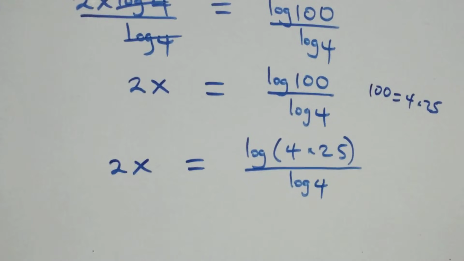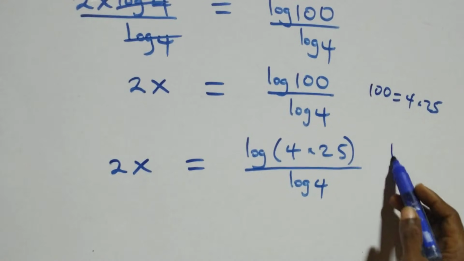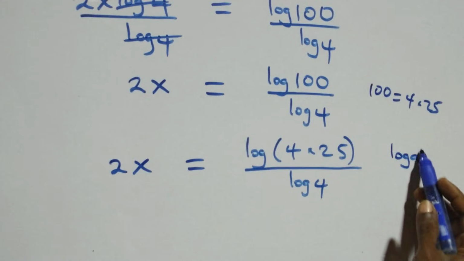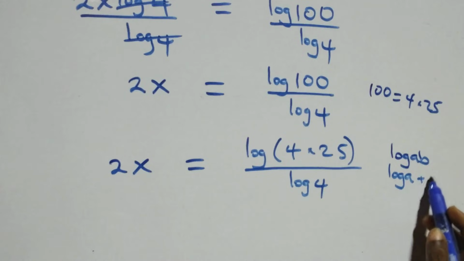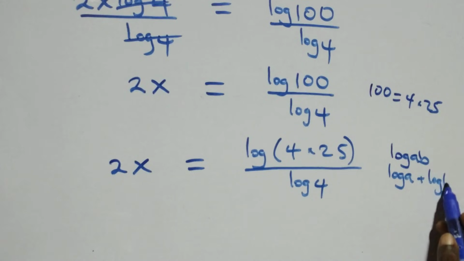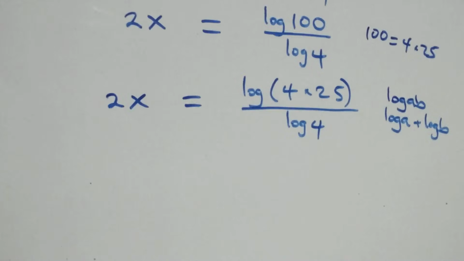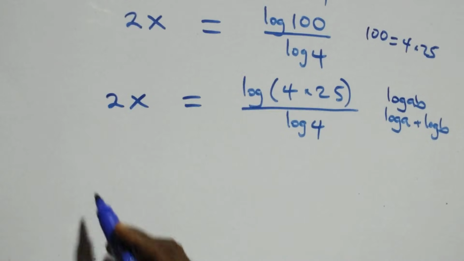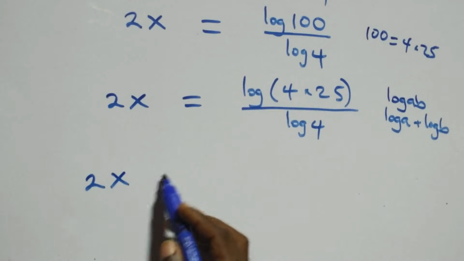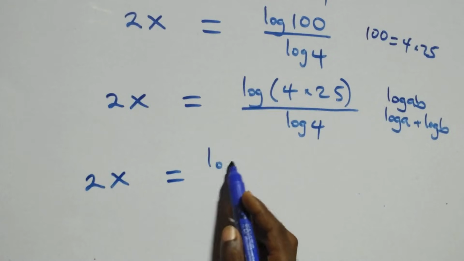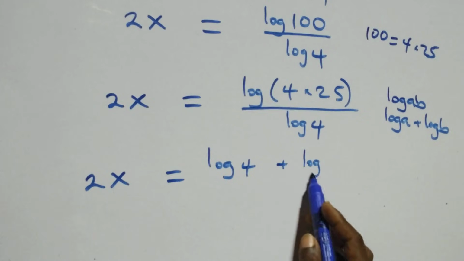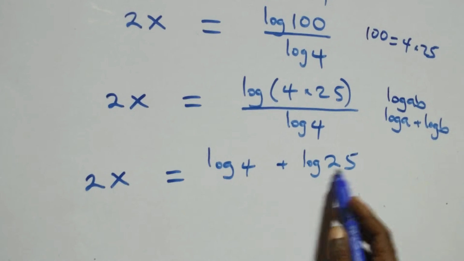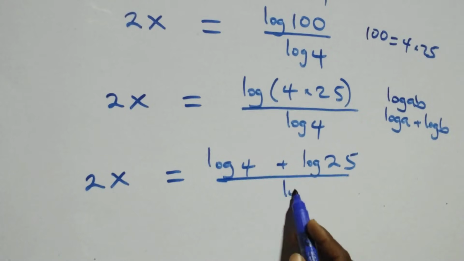This follows the law of logarithm: when we have log a times b, it is the same thing as log a plus log b. Then we have 2x equals log 4 plus log 25 over log 4.